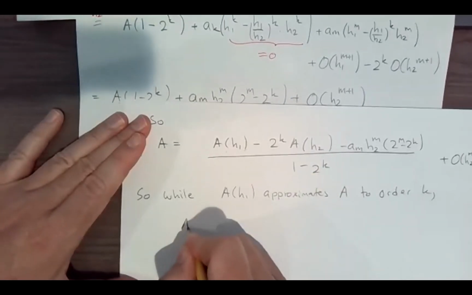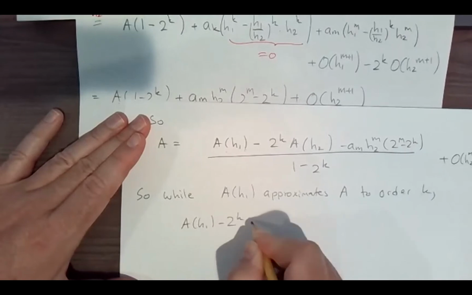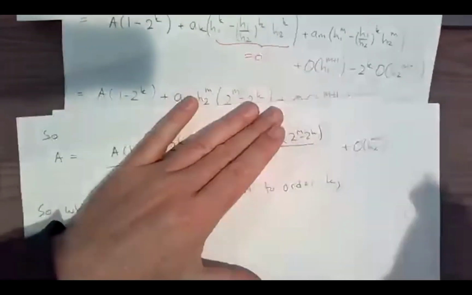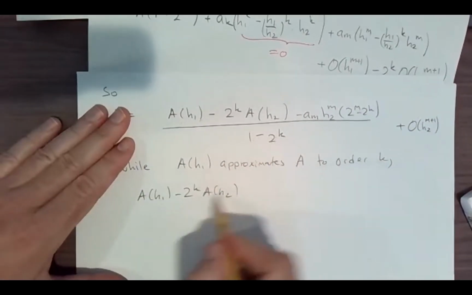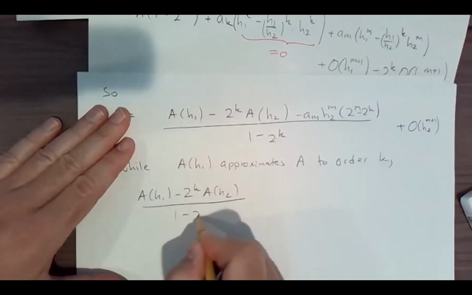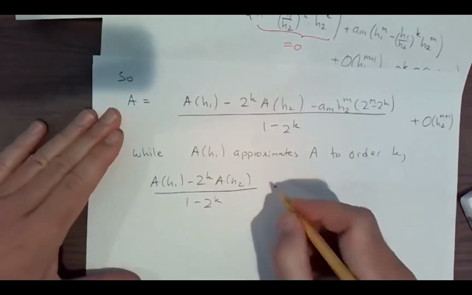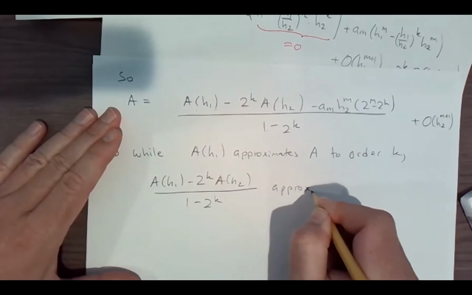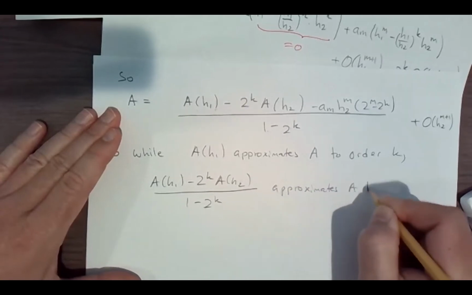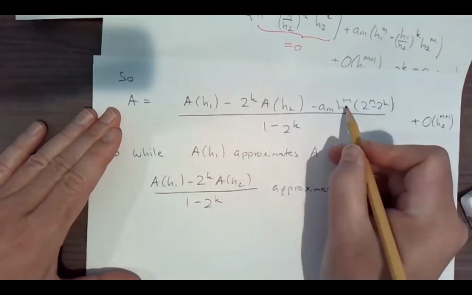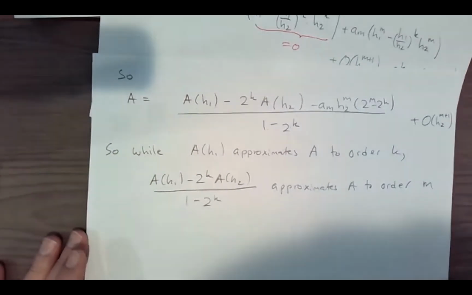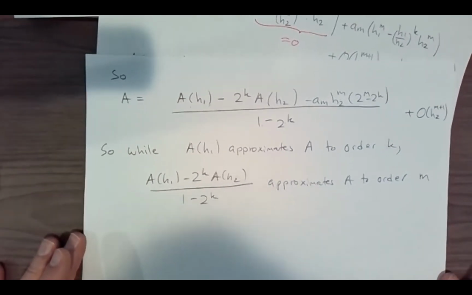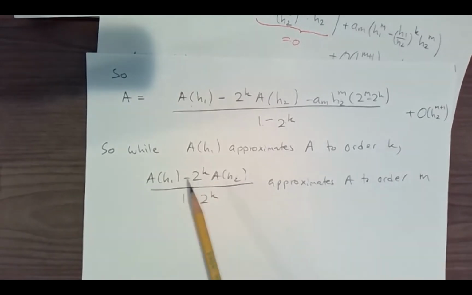We'll have that a of h1 minus 2 to the k, a of h2, divided by 1 minus 2 to the k approximates a to the order m. So this is a better approximation than each.